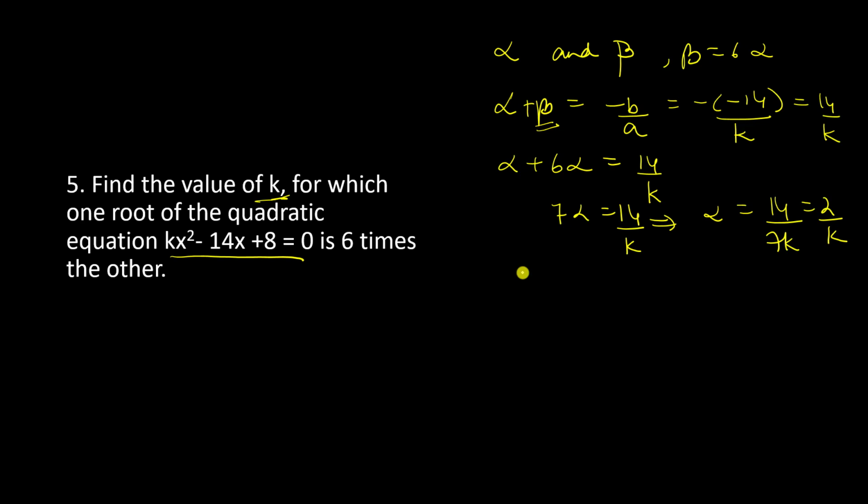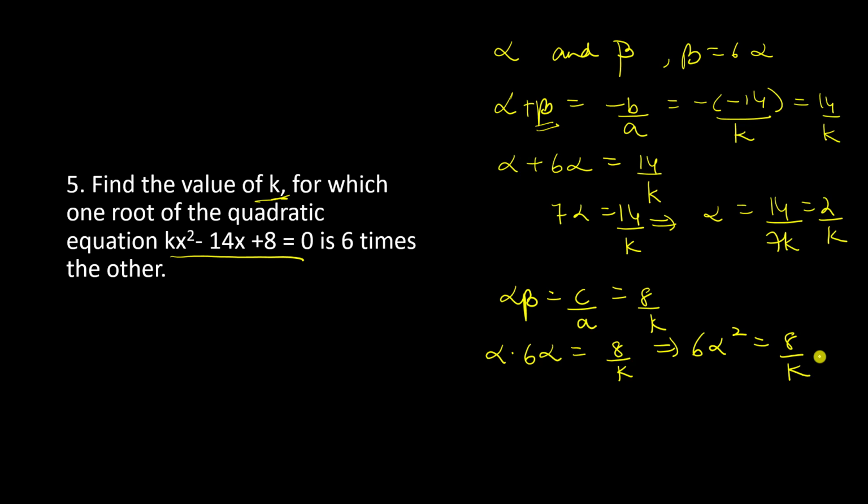Let's consider the product of the roots. Alpha beta would be c by a. What's the product of the roots in this case? It is 8 by k. We already saw that beta could have been written as 6 alpha, or alpha times 6 alpha is equal to 8 by k, which means that 6 alpha square equals 8 by k.